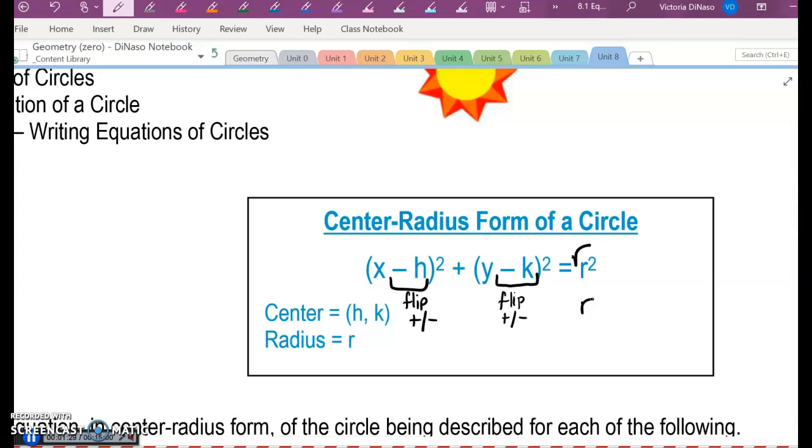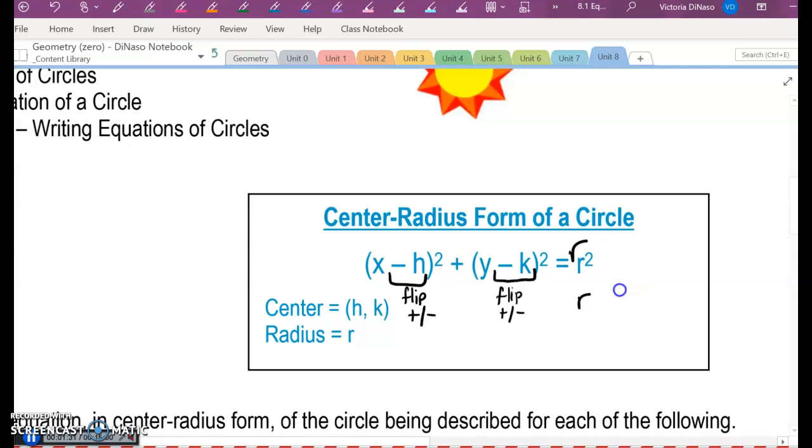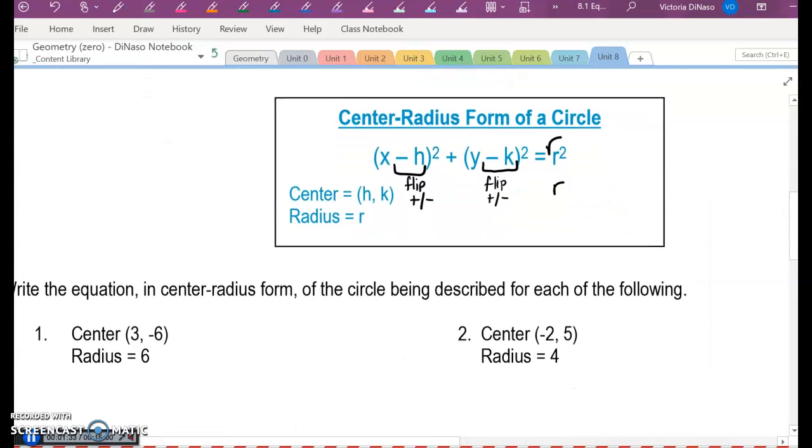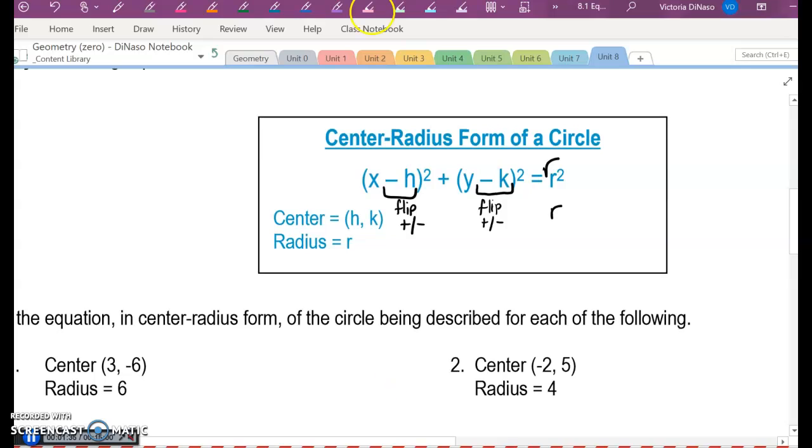So right here we have the center radius form of the circle. We're going to take the center and the radius and put it into this form. We're going to plug in the center numbers into h and k, and then take the radius and square it. Super important that we always square that radius.